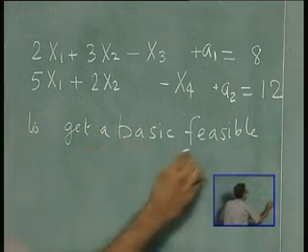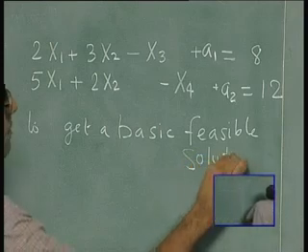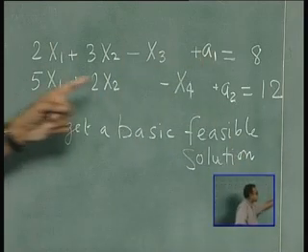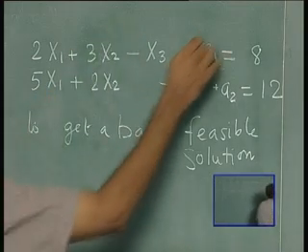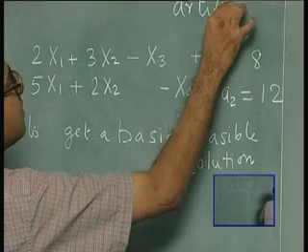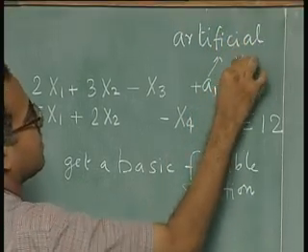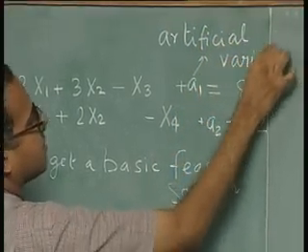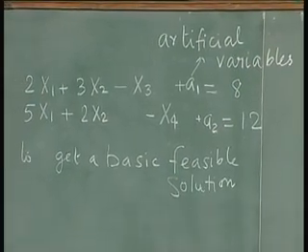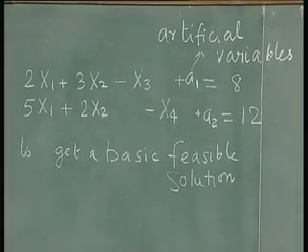To get a basic feasible solution, we add these two variables. So these two variables that are added are called artificial variables. Most important thing about these artificial variables is that they are not part of the problem.